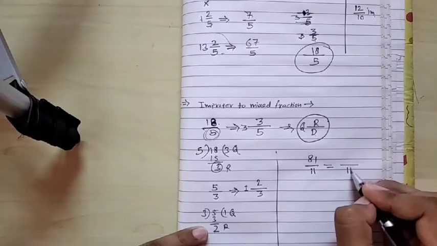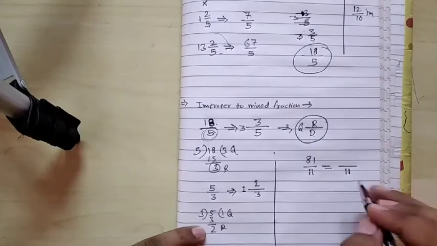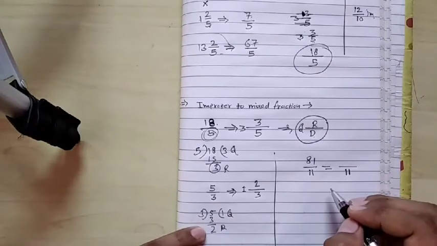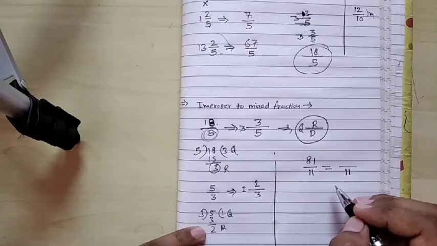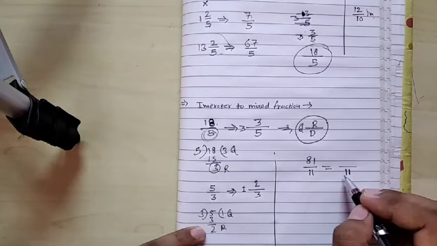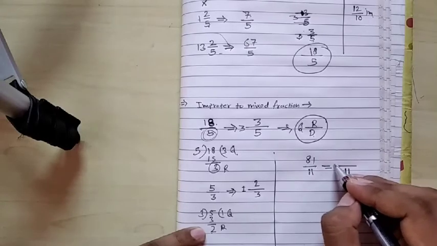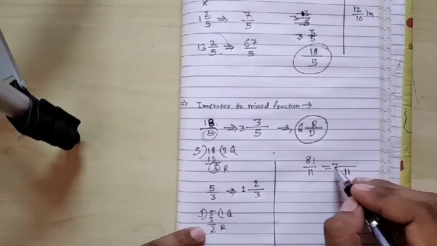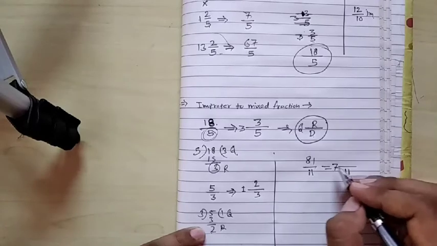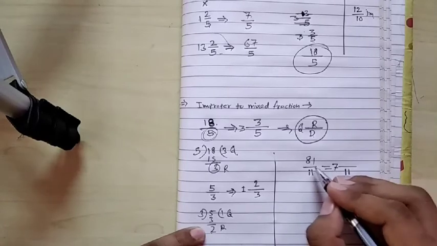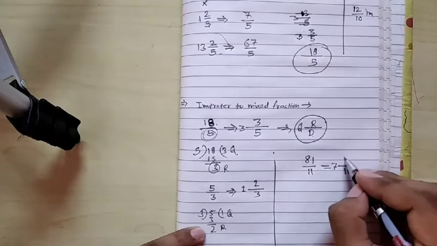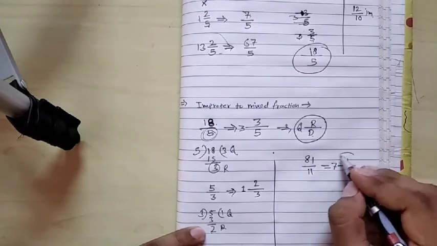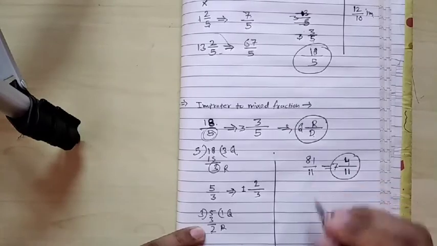As you know, the denominator will remain the same. Now we will read the table of 11 up to 81. 11 1s are 11, 11 2s are 22, 11 3s are 33, till 11 7s are 77, 11 8s are 88, which will be more than 81. So 11 7s are 77. Now how much should we add to 77 to make 81? That is 4. Okay, so this is the mixed fraction of 81 upon 11.